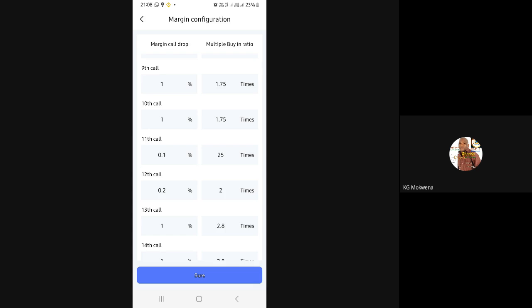So now, what are we going to do? We're going to check call number 11. What are its readings? Are they according to 1.75 or below? Sometimes they even differ slightly, because you can see call number 11 also has 0.1% margin call drop.